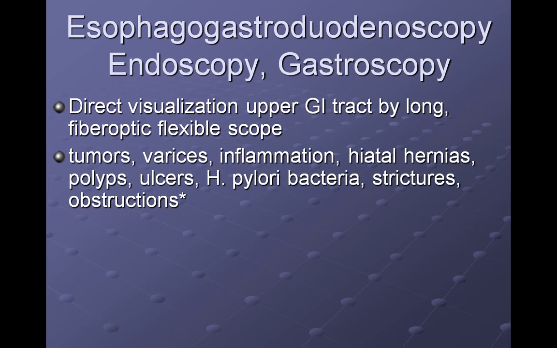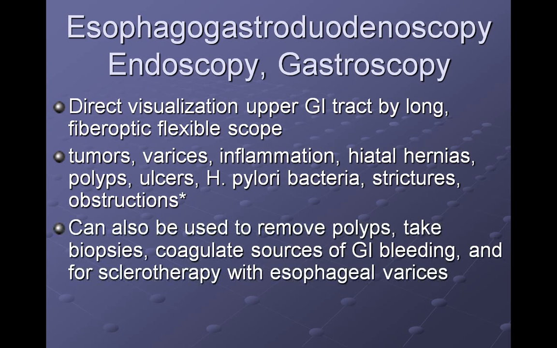They can visualize tumors, varices, any inflammation, hiatal hernias, polyps, ulcers, H. pylori bacteria, strictures, and obstructions that may be present. And if a person has an obstruction, you will see possibly distension of the abdomen, because the food and liquid content is not being allowed to flow appropriately through the GI system.